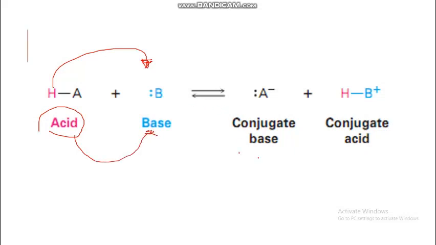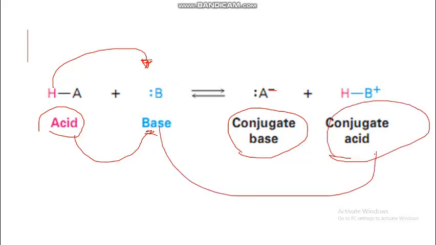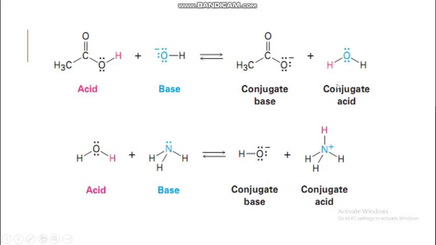So we will have a conjugate base from the acid, which mostly has a negative charge, and we will have a conjugate acid, a product of the base. Okay, so it will gain a proton, so magkakaroon siya ng positive charge.